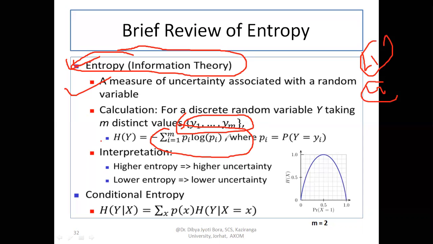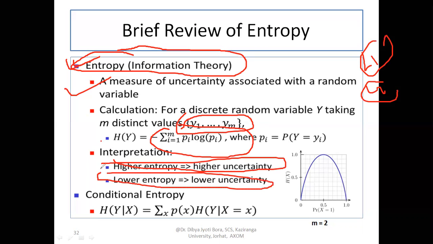So the higher the entropy, of course, this will imply higher uncertainty, and the lower the entropy, it will of course imply lower uncertainty. But for different types of data, you may need to apply this entropy in a different sense.